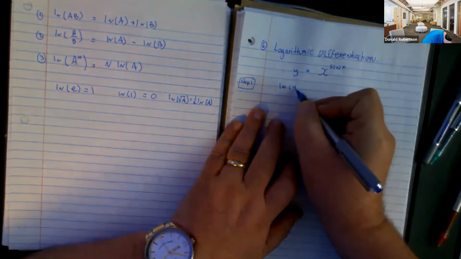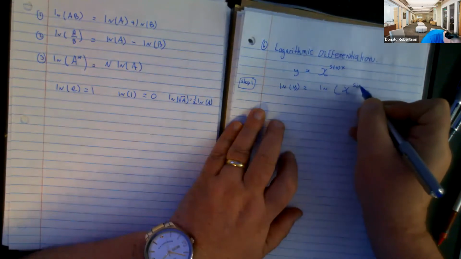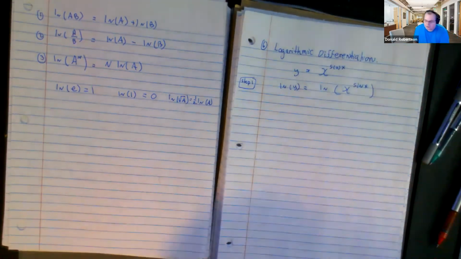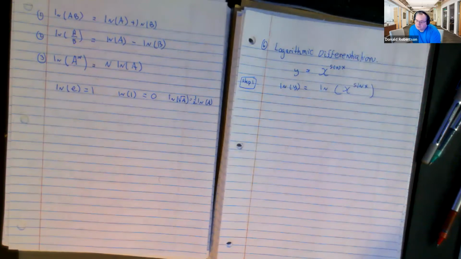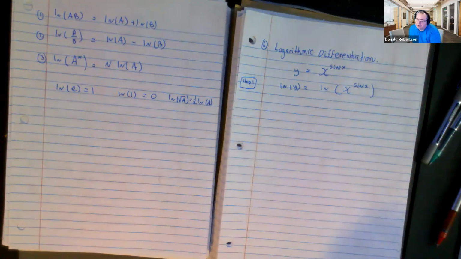The first thing you do is take the natural log of both sides. Now, would you agree that's kind of weird? Why would you even want to do that? Because it doesn't seem to bring any benefit. Would you agree it makes the thing worse looking than the original? But nonetheless, it helps.